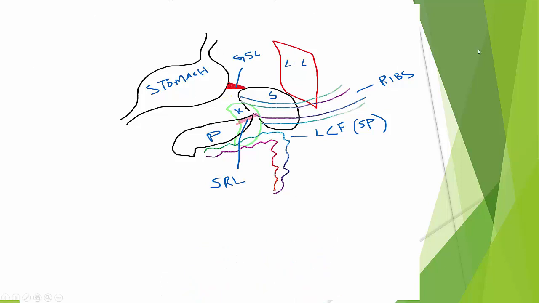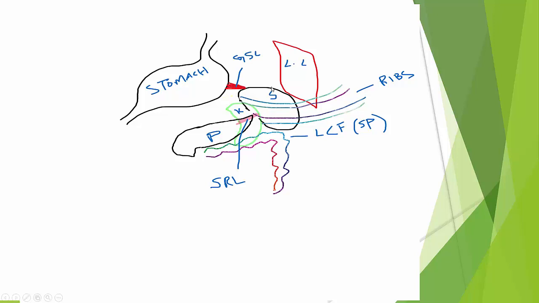This is a rough schematic diagram of the splenic relationships. As I'm not that good at diagrams, I hope you'll try to understand it. This is the spleen, the stomach, the left lung, pancreas, and the left kidney.